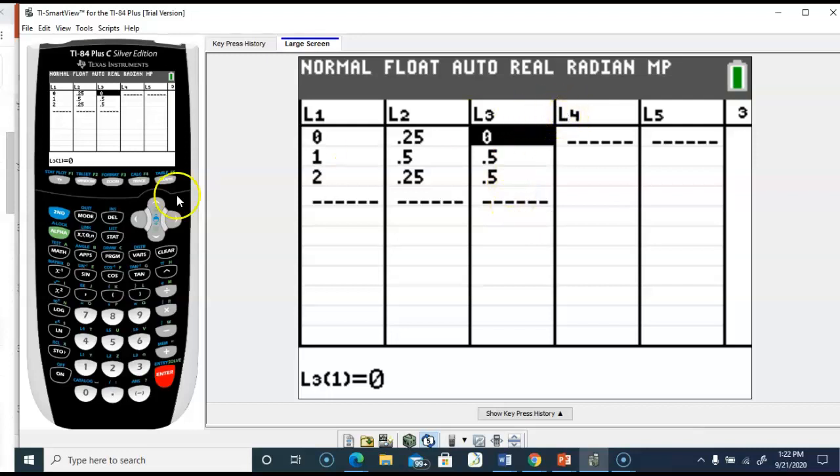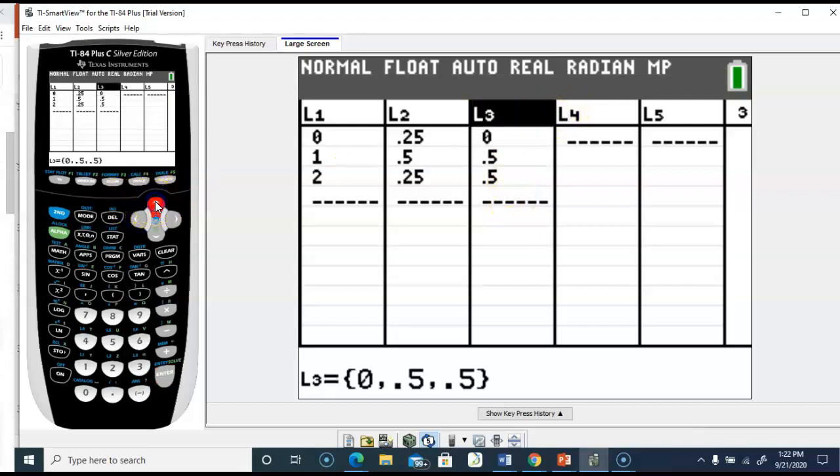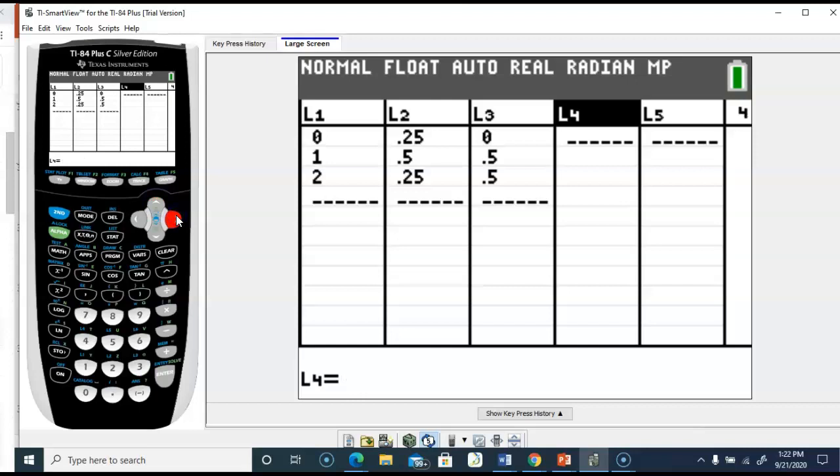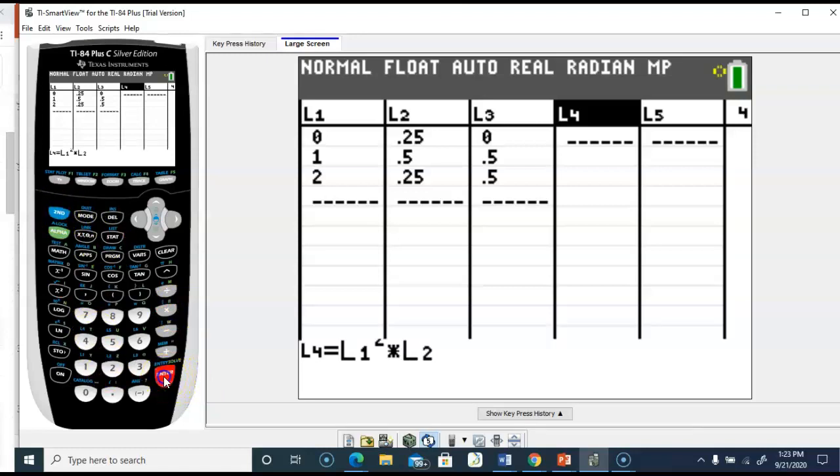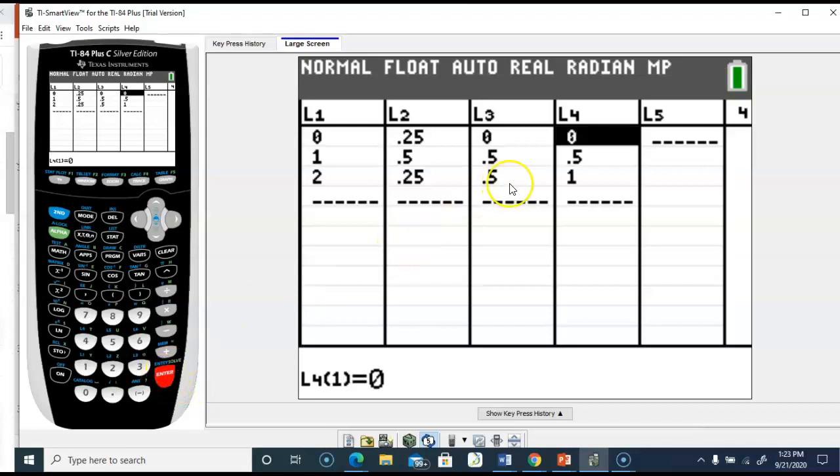I'm going to go over to L4 now. If you recall, this next column we did was x squared times p of x. So I'm going to do L1 squared, because that represents my x's, and then multiply that by L2. Press enter. Okay, and I have those values.